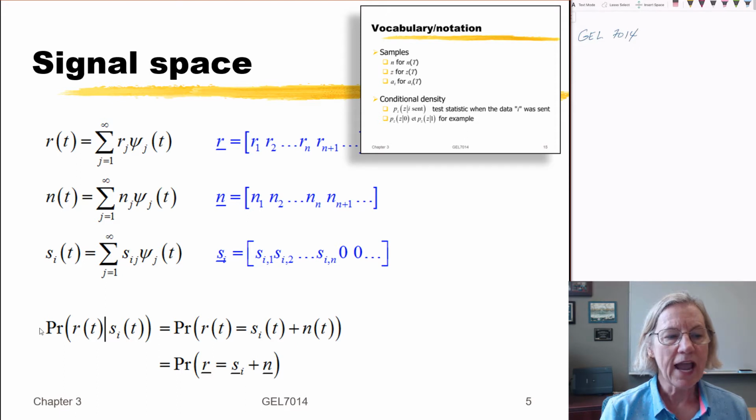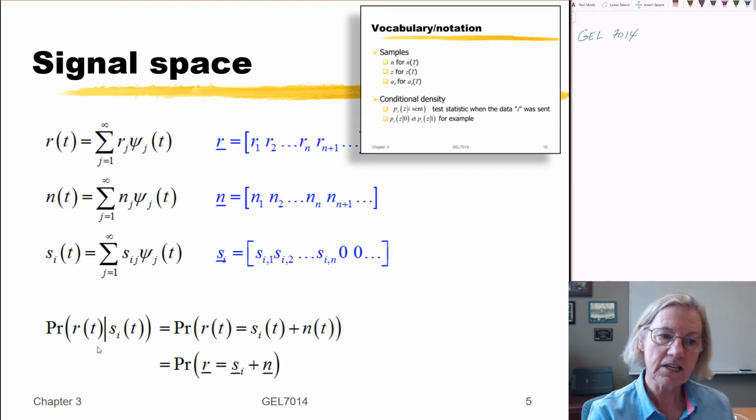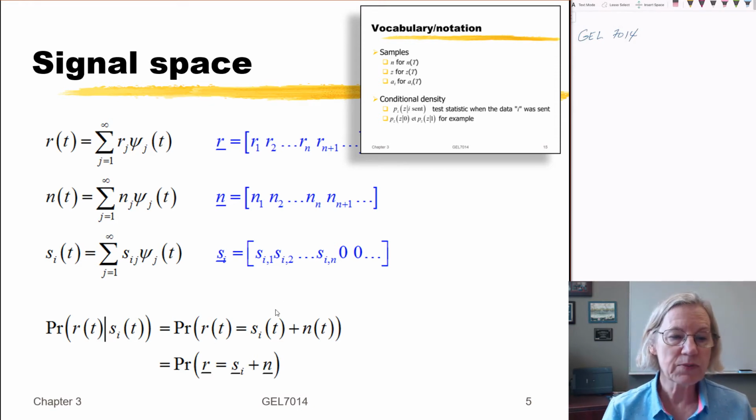So if we wanted to look at the conditional distribution of the received signal, conditioned on which symbol was sent, we could write it as we do down here. So the probability of r(t), given that, let's say, symbol i was transmitted, is just the probability that the received signal is this symbol i plus the noise.